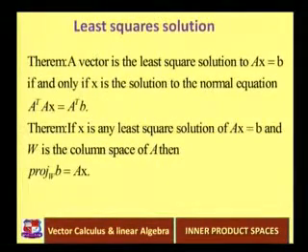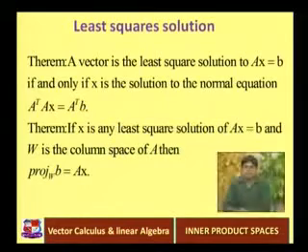Now we discuss the least squares approximation, that means the least squares solution. In my first lecture I discussed that a system is consistent if a solution exists, and the system is inconsistent if a solution is not possible for the system Ax equals b.